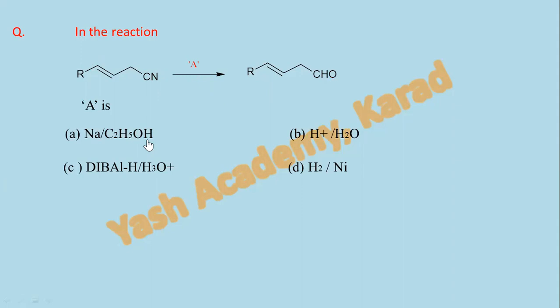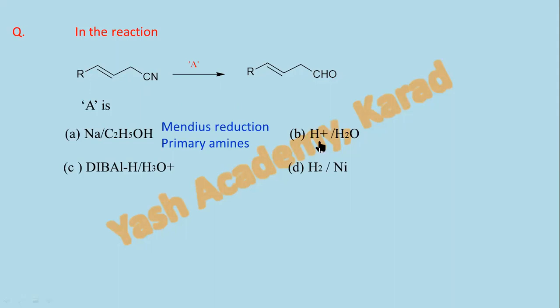Sodium in ethanol, you know that when it is used and there is a nitrile or cyanide functional group, this reaction is known as the Mendius reduction reaction, which reduces C≡N to CH2NH2, that is the primary amine. बरोबर आहे, म्हणजे इथं CH2NH2 तयार होतो, but in this case the final product is an aldehyde, that is CN is converted into CHO.